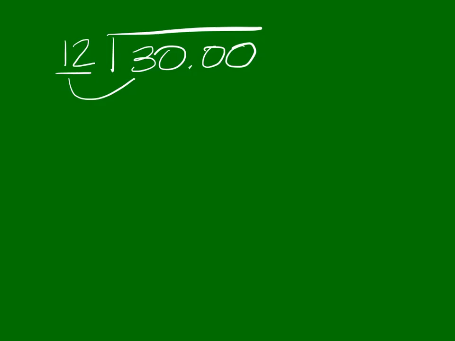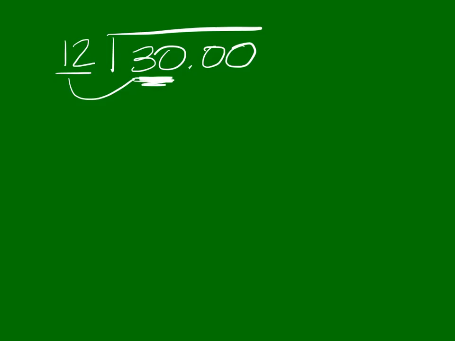So if it can't divide into 3, what should I try to divide it into next? You got to go one number over. So instead of dividing it into 3, I'm now dividing it into what?